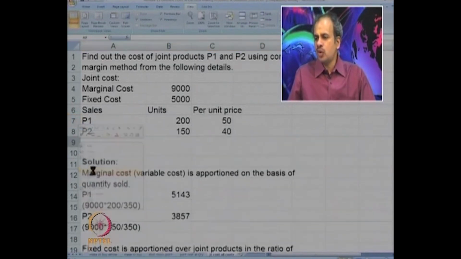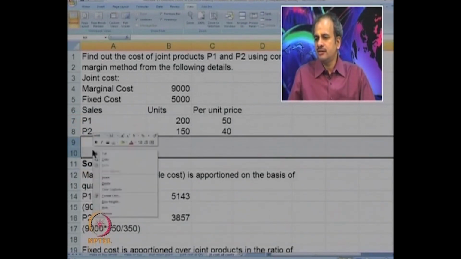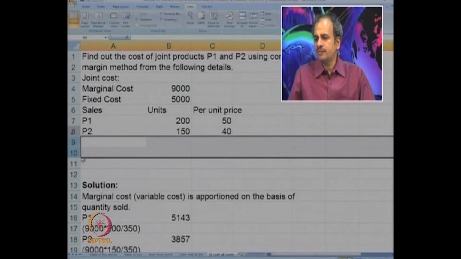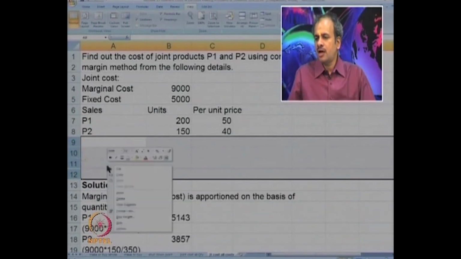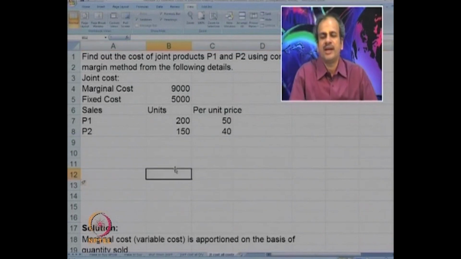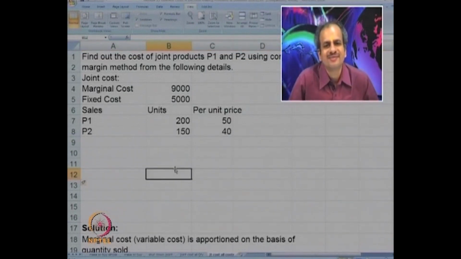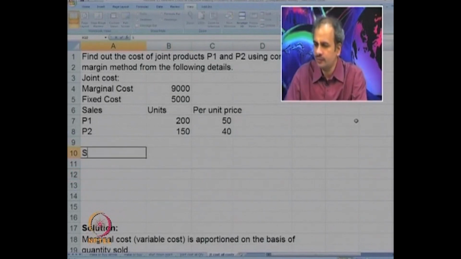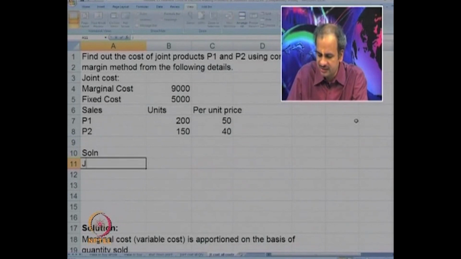Now let us try to solve it. How to solve? Can anyone think of something? First we will try to find out how much the joint cost is.